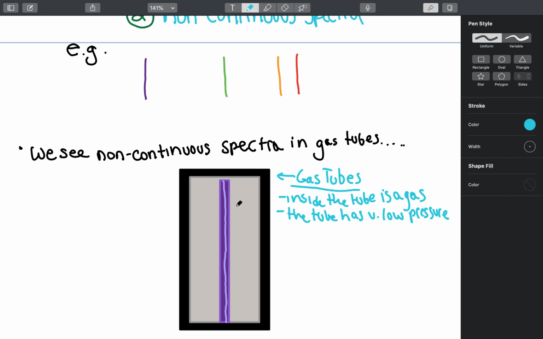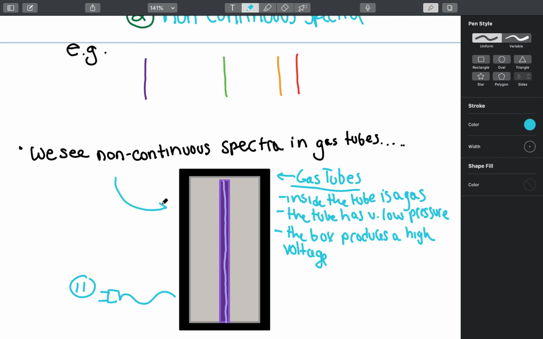So you have this tube filled up with this gas, and then what happens is this box is connected to an electrical source. So you would plug it into your outlet, and when you plug it into the outlet, it passes a high voltage within this tube. So the box produces a high voltage. And when you turn on the box and the voltage is applied, you'll see that the gas emits a glowing light. And in this box we have hydrogen gas.